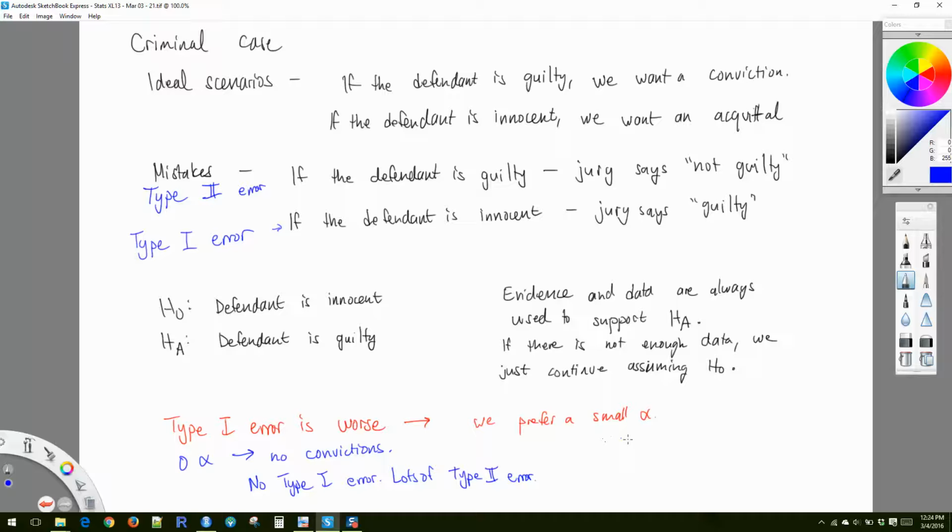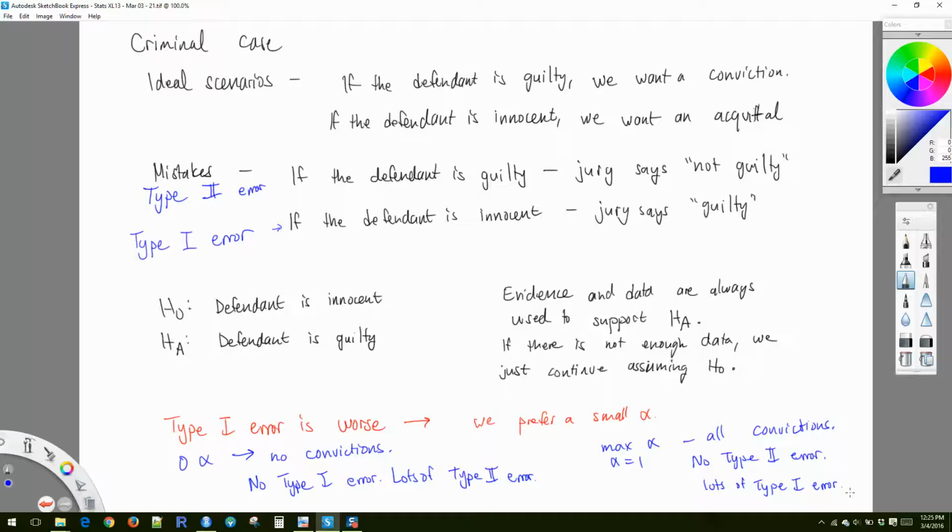And on the other hand, max alpha, so alpha being 1, would be all convictions. This would be no type 2 error, but lots of type 1 error. So it's a balance, okay?